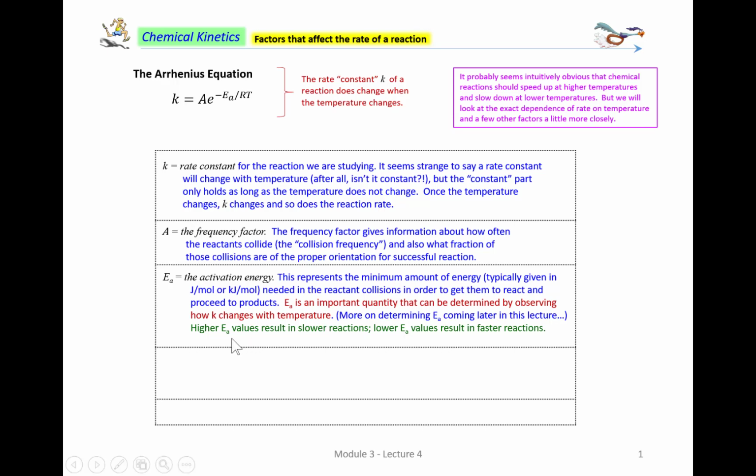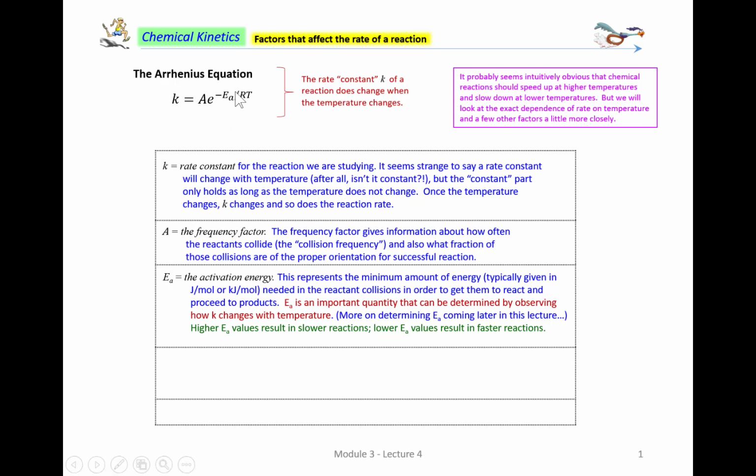The thing that you really want to remember here about activation energy is when the activation energy is high, in other words, when this Ea term is large, the reaction is slower. Now mathematically that makes sense because when this Ea term becomes larger, since there's a negative sign here, this exponential term becomes smaller, which would make the rate constant smaller, which would make the rate slower.